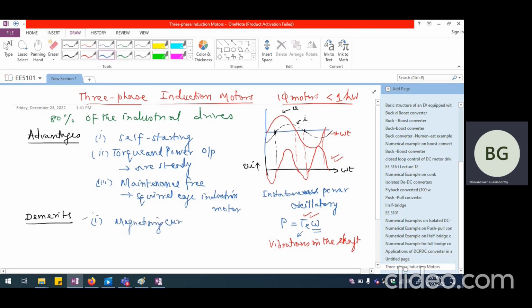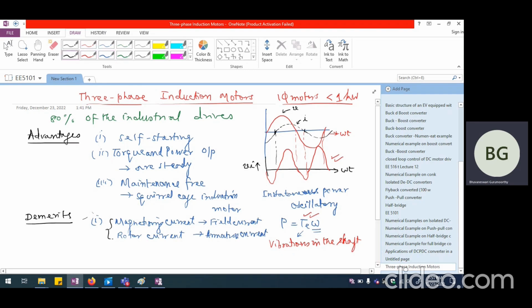So we have a current which produces flux in the air gap between the stator and rotor, very similar to the field current of the DC motor. And the other current, the rotor current, is equivalent to the torque producing component of current, or armature current, of a DC motor. Both are together carried by the stator.